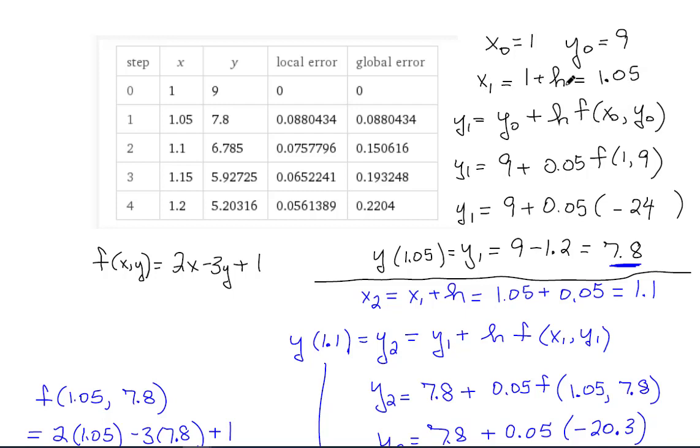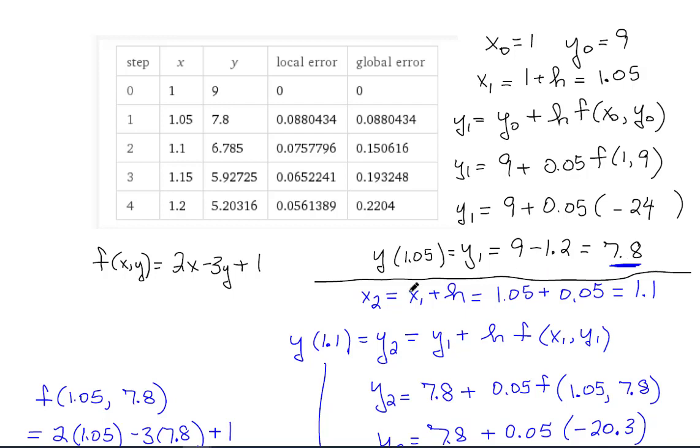So x1 is 1.05. My initial position was 9. Step size is now 0.05. I still plug in 1, 9 to start. We're just stepping smaller. So by doing that, I get y at the new position is 7.8.